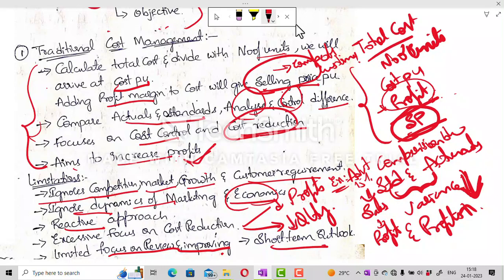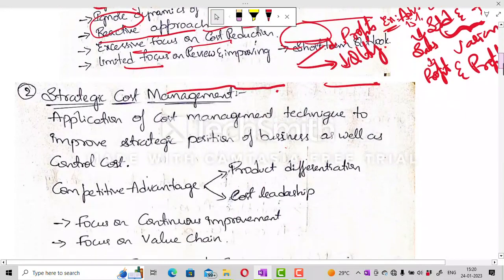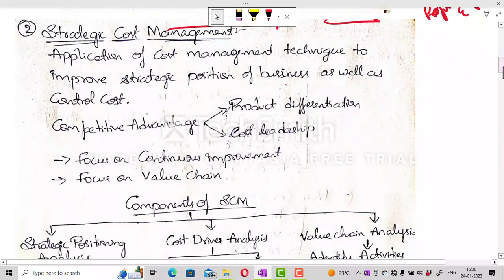As there are some limitations in traditional cost management, we are now following strategic cost management. Let's see how it works. We're at strategic cost management. Strategic cost management is the application of cost management techniques to improve the strategic position of the business as well as control the cost.